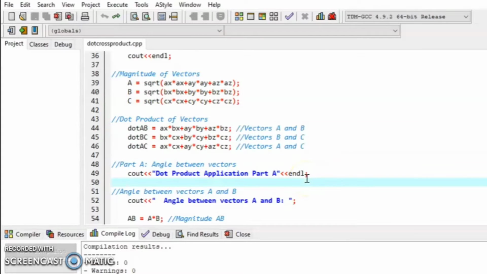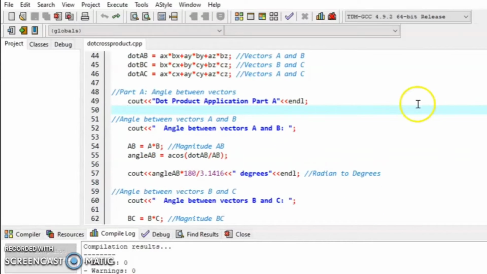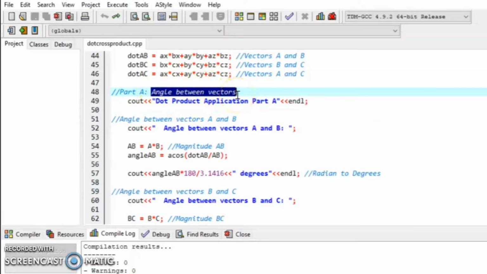The application of the dot product of vectors is needed for the angle between vectors, and also for the orthogonal component. First is the angle between vectors.